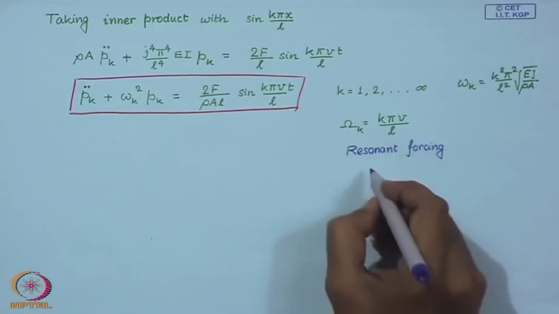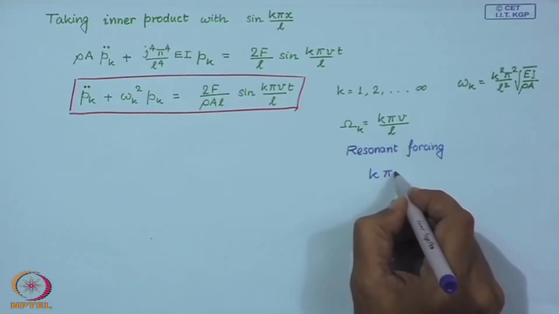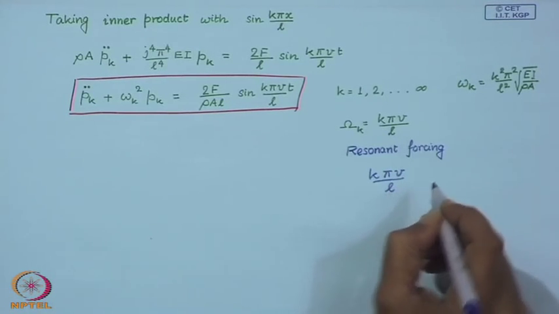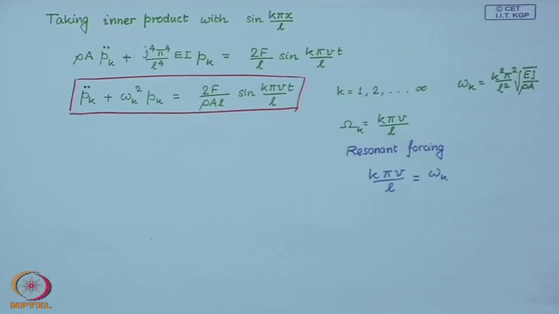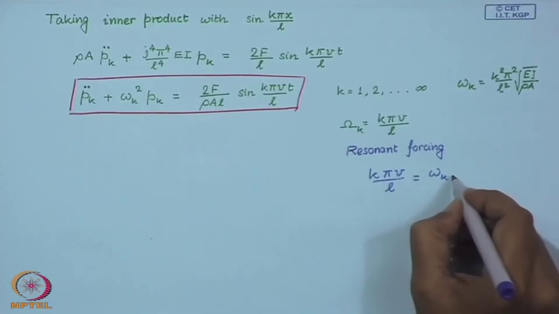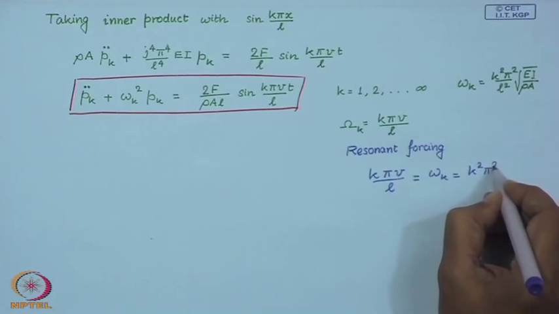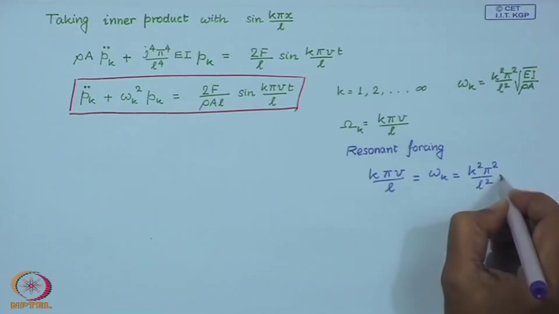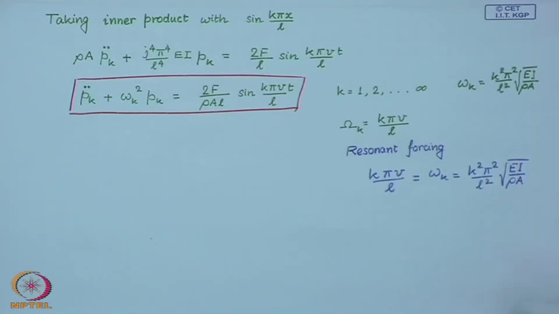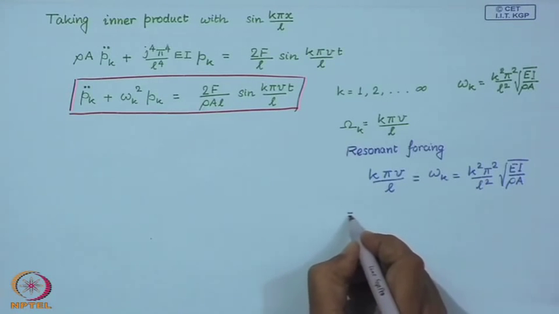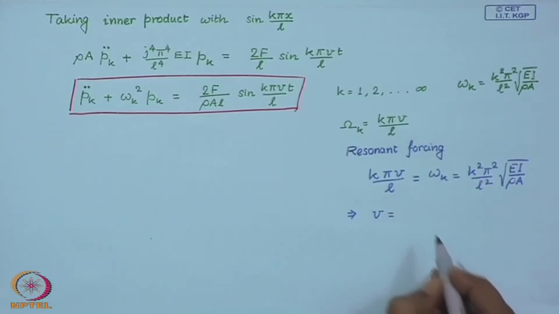So, for resonant forcing, for any k, suppose you have this condition, and from here we know that this is, so we can find out the velocity for which the kth mode is resonant.